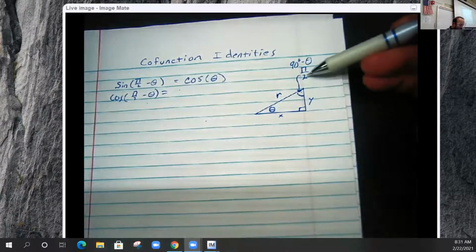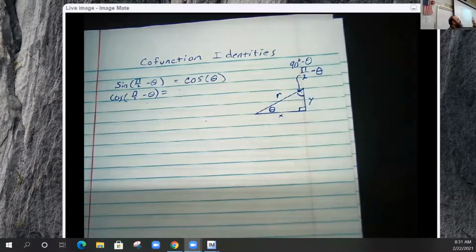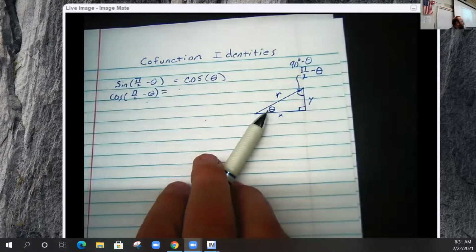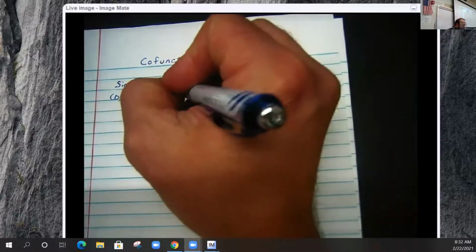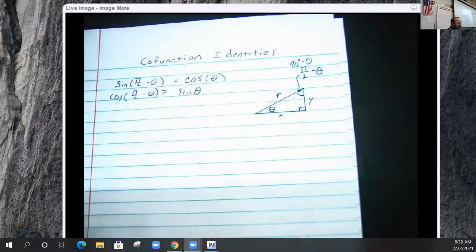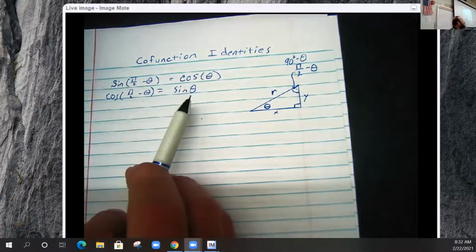Well, the cosine of this top angle is y over r. What other ratio is also y over r? Look right here. What trig ratio would be y over r? The sine of theta. Now, do you notice anything that's kind of convenient there? The sine gives me a cosine, and the cosine gives me a sine.